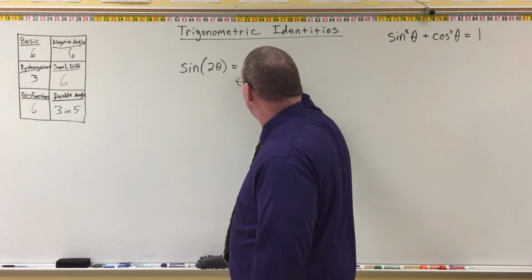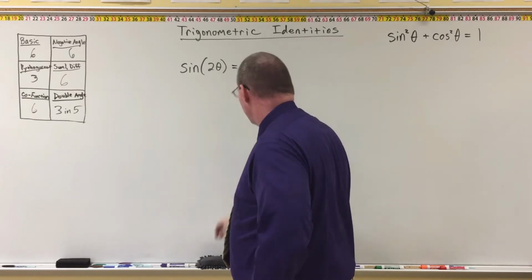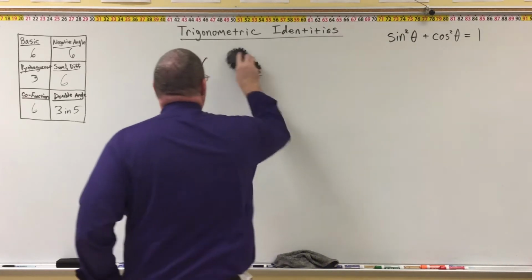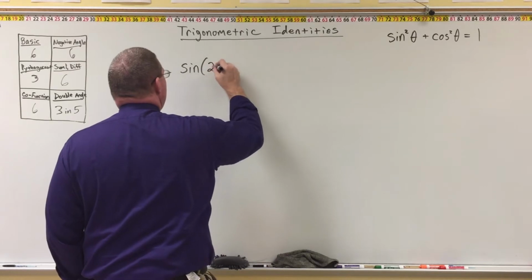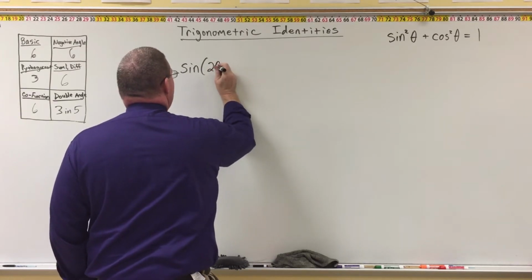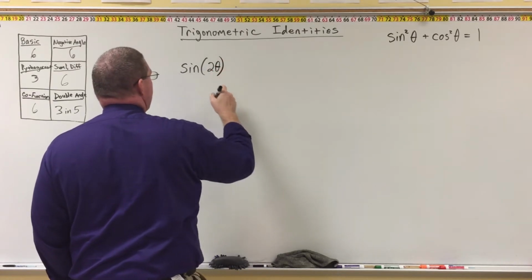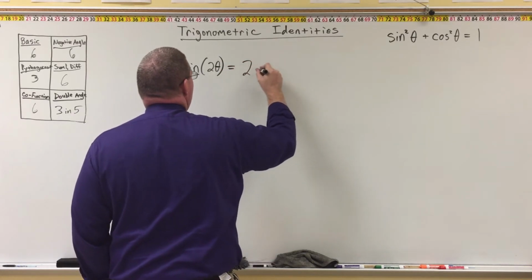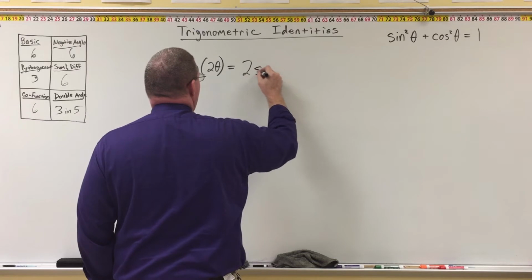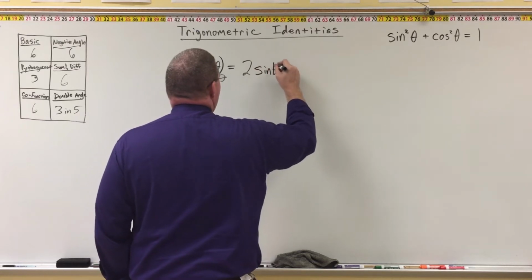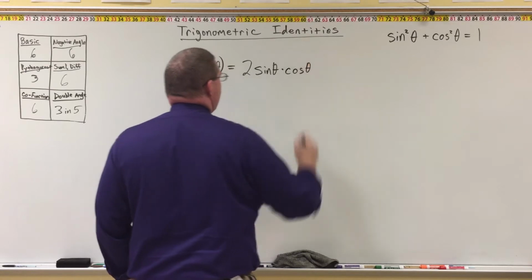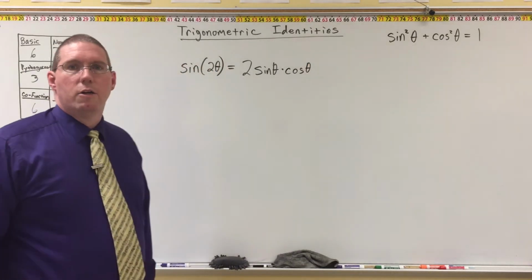Sine of 2 theta, that's a theta, make sure you indicate that as a theta, is equal to 2 sine of theta times cosine of theta. That's it. 2 sine of theta, cosine of theta.